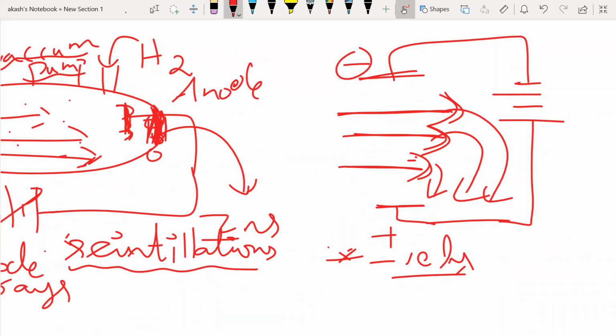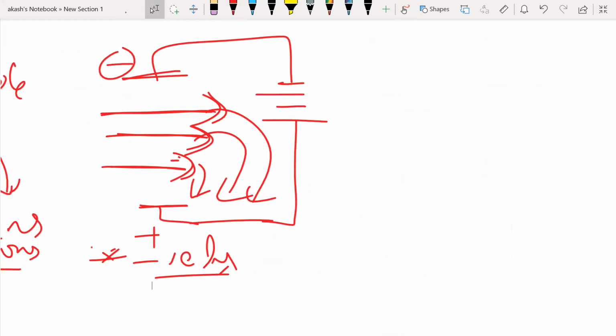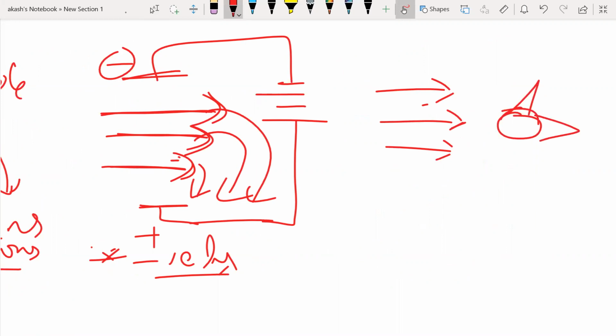Okay, fine. Now he understood this is negatively charged, but still it's just a ray. We don't know whether it's a wave or a particle. So again I'm going to give you a rough diagram. Assume that these are the cathode rays. He placed a paddle kind of thing, which can rotate, like a frisbee.